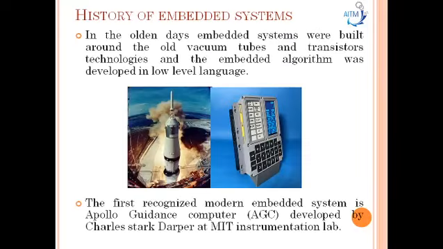The Apollo guidance computer was the first recognizable modern embedded system used in real time by astronauts and pilots to collect and provide flight information. It uses an integrated circuit with a 1 MHz clock, 4 KB ROM, and 256 RAM.